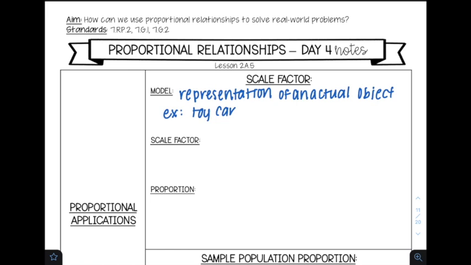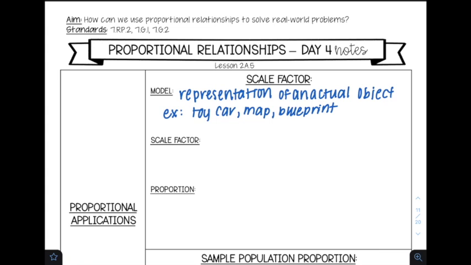Usually there are a lot of vintage cars that are made into toy cars. We have a map. Maps are models of just a smaller representation of an area. Could be a town, could be a state. Also a blueprint. A blueprint, if you know architecture, is basically a drawing of or scale model of basically a building.